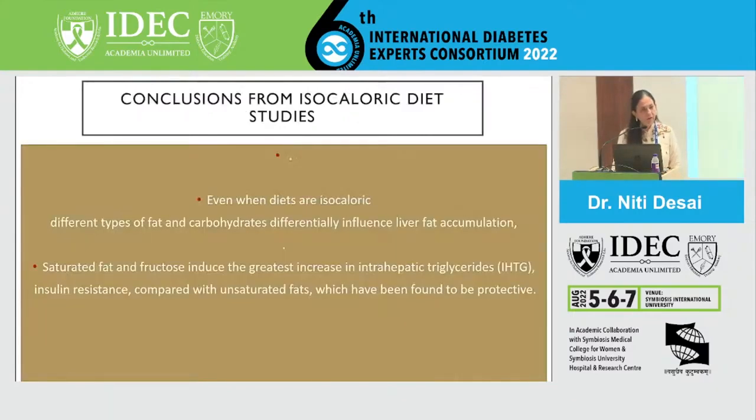And when isocaloric diets were studied, even when the diets are isocaloric, the different types of fat and carbohydrates influence the liver fat accumulation in different ways. Once again, saturated fat and fructose induce the greatest increase in intrahepatic triglycerides, which is the liver fat, and of course accompanied with insulin resistance, while unsaturated fat seems to provide a protective role.